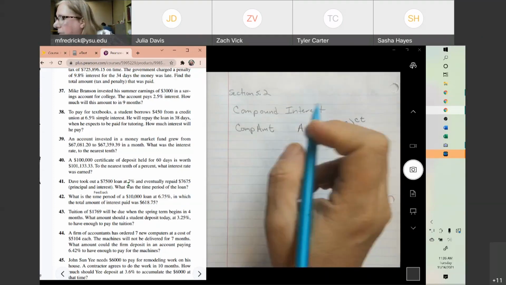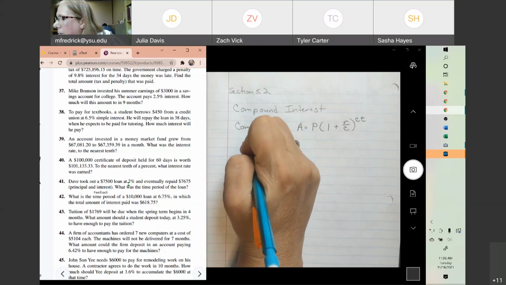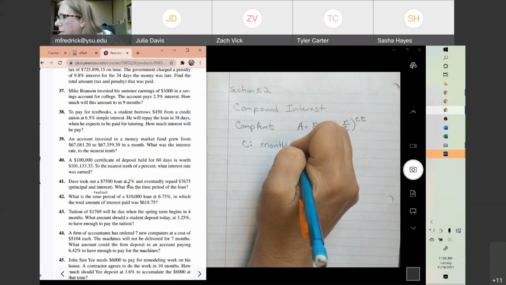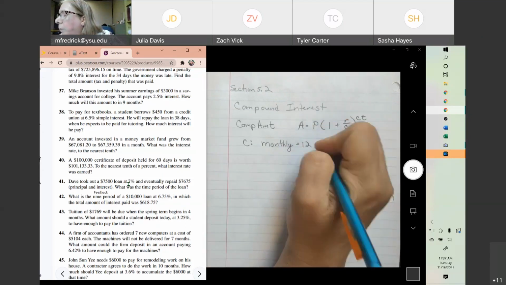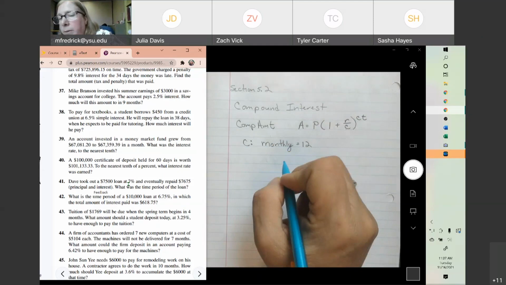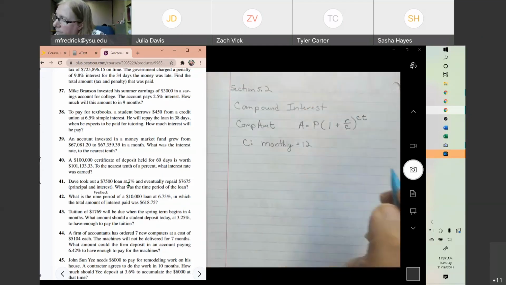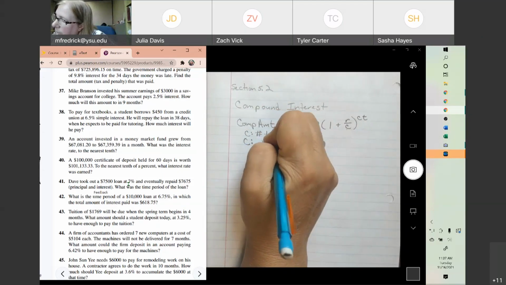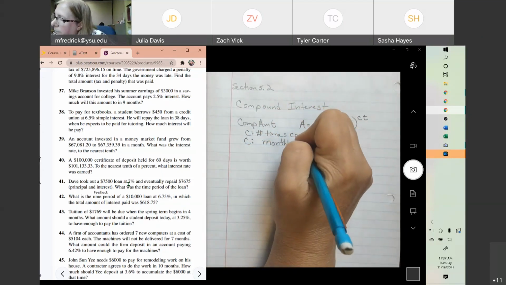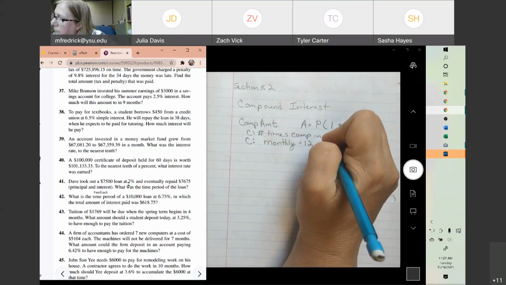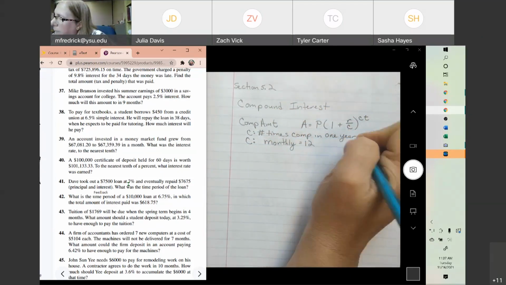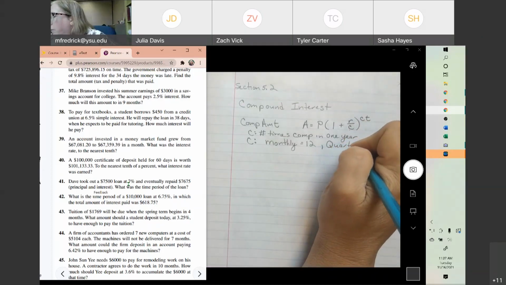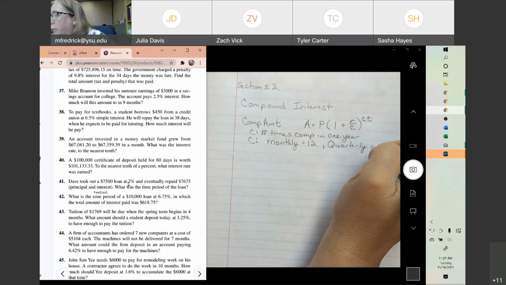C can be different compoundings you could have. Monthly, which would be 12. So C is the number of times it's compounded in a year. Quarterly, 4 quarters.